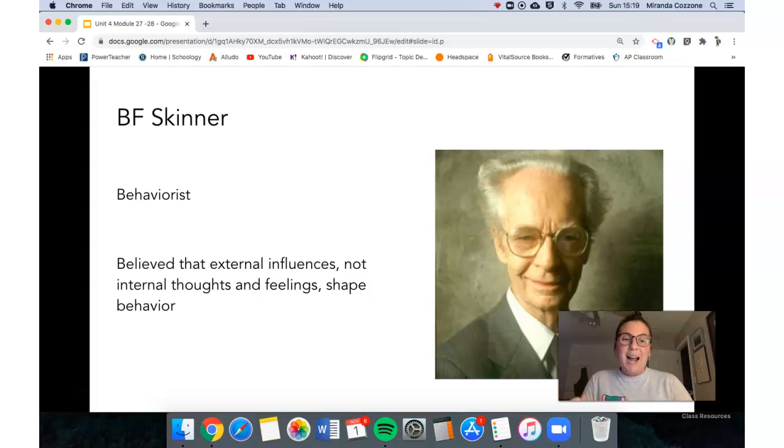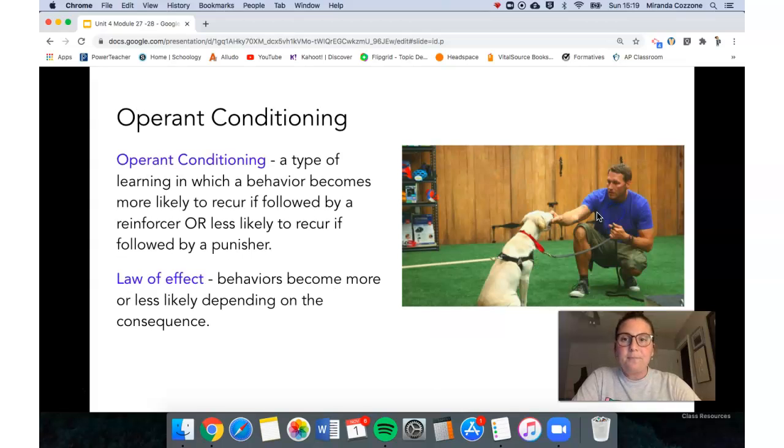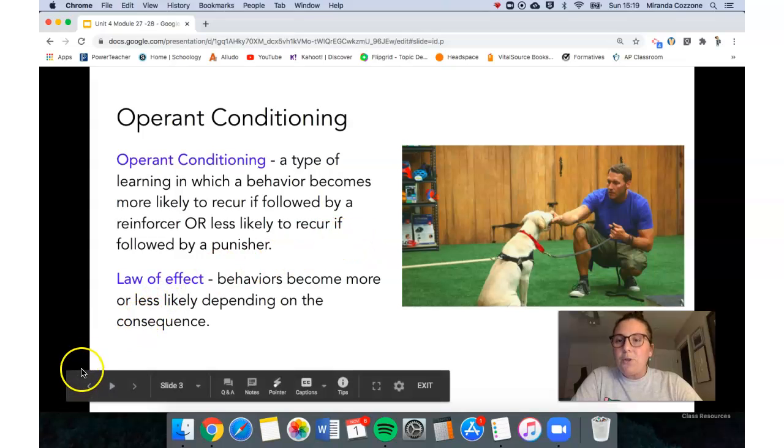B.F. Skinner thought that we are a little bit more basic than that, that it's really the stuff happening to us from the outside in that shapes our behavior. Okay, so know that B.F. Skinner is associated with operant conditioning, and that like Watson and Pavlov, he was a leading behaviorist theorist.